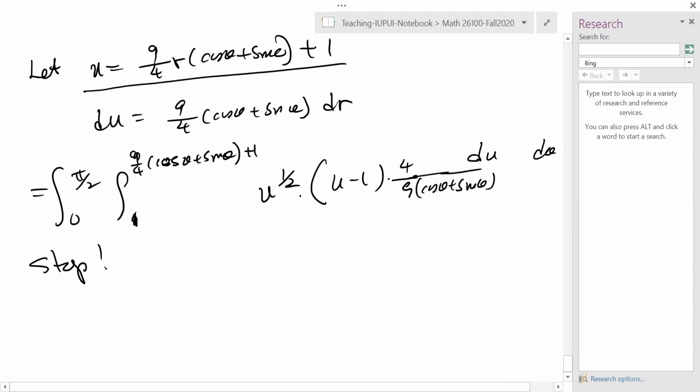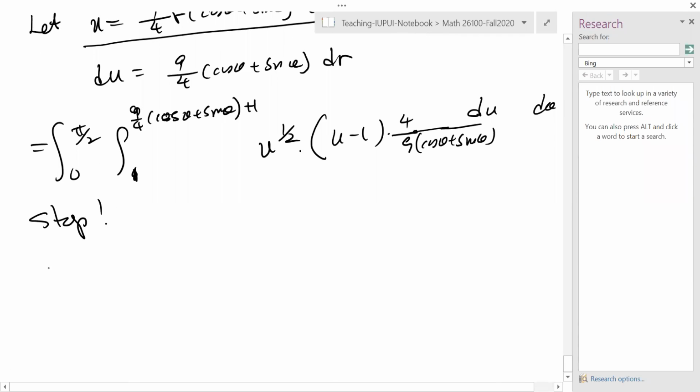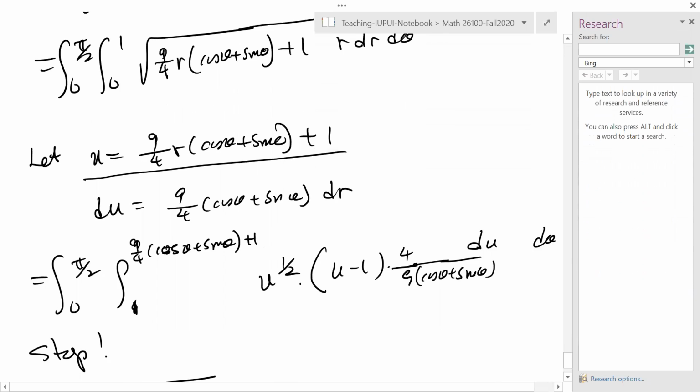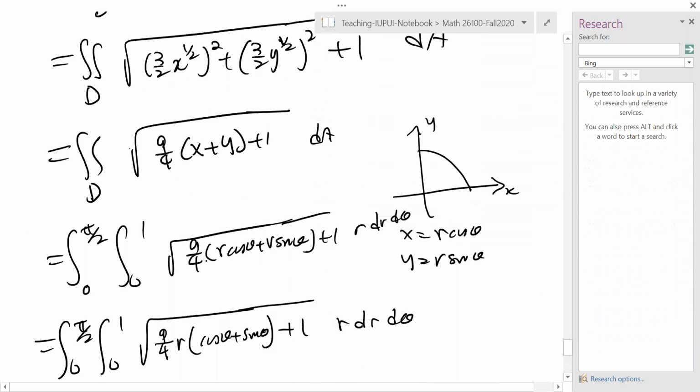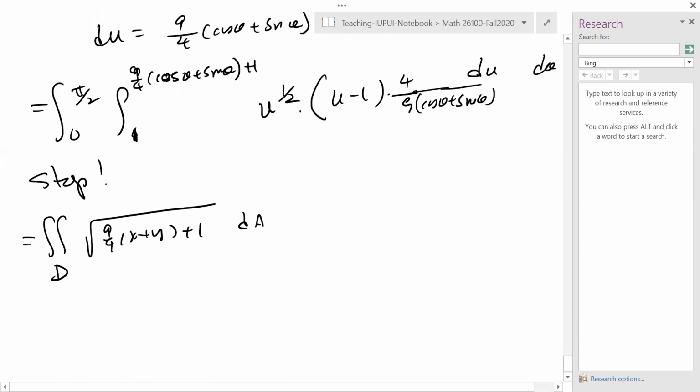It's too complicated. So we go back to this integral, 9/4 x plus y plus 1. We try differently. Otherwise, you just leave it like that. Cannot do it.